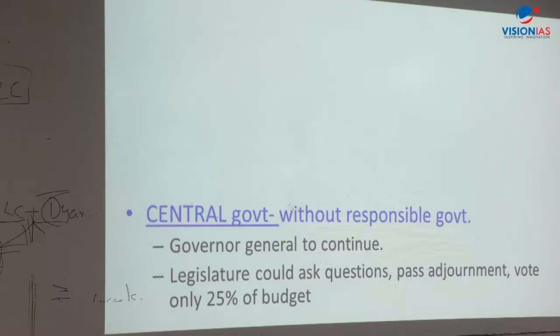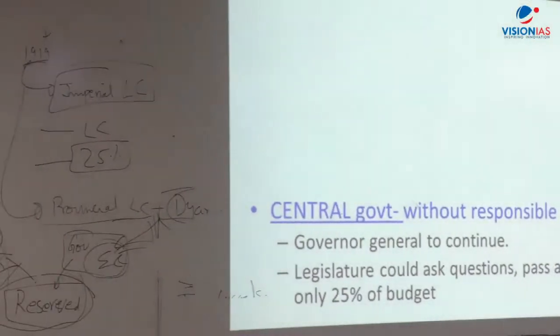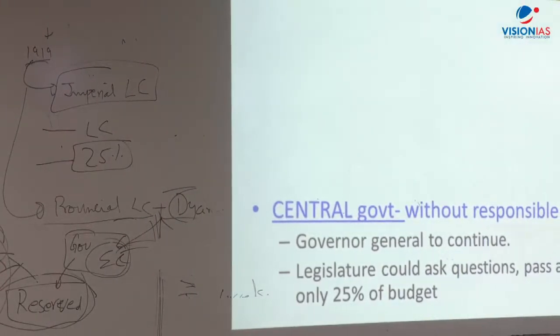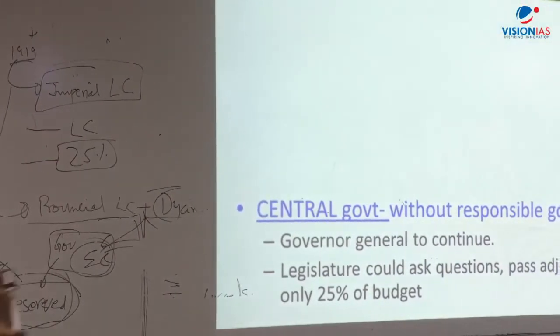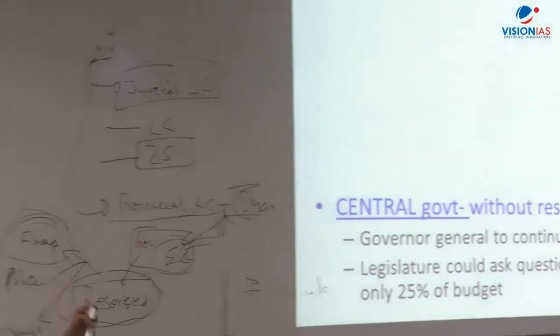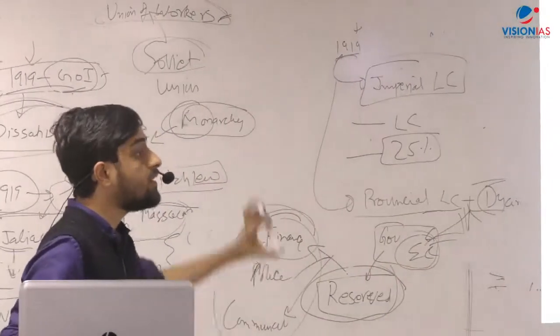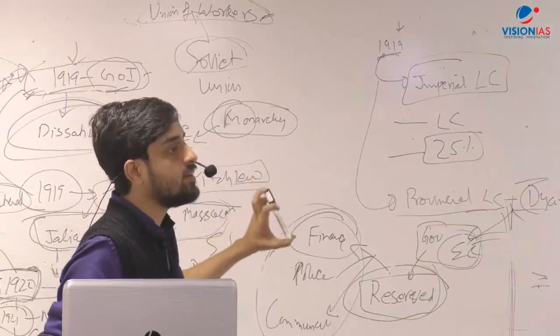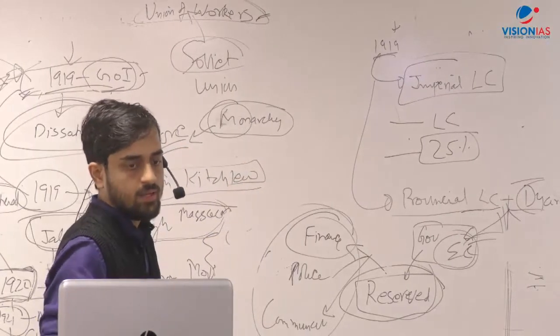Also, now at the central level also, the right to vote was given. But even here, the right to vote to the Legislative Council basically was only up till the 25% of the budget. And even now, most of the people in the Legislative Council were not elected Indians. So, by and large, they're not giving any effective control of the finance to Indians either at the central level or at the provincial level.